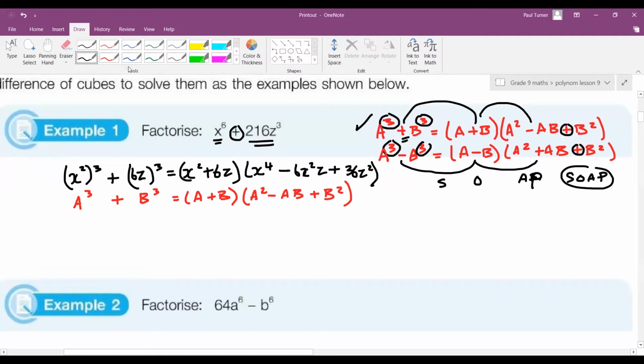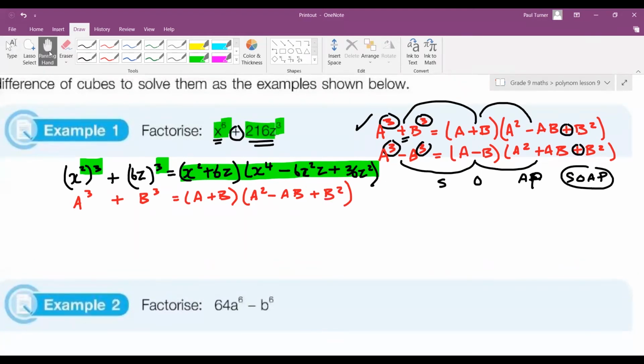Like that. And that's your answer there. Just put it in green. Yeah, that's it. So your key here is just to change your power to 3. 6 cubed, 216, z cubed from here and here. Those two parts. So turn them into power 3 in this case.